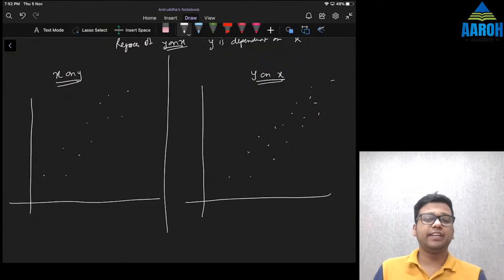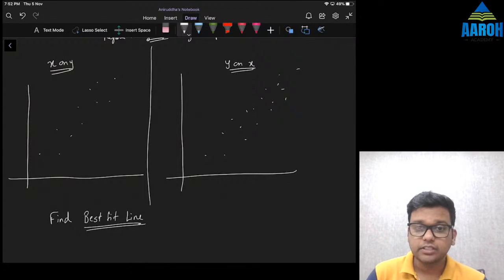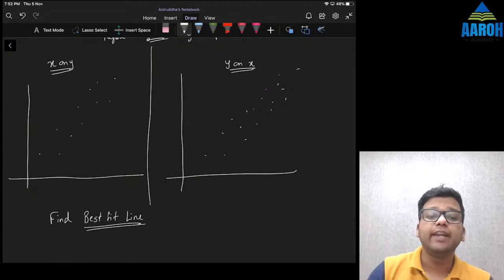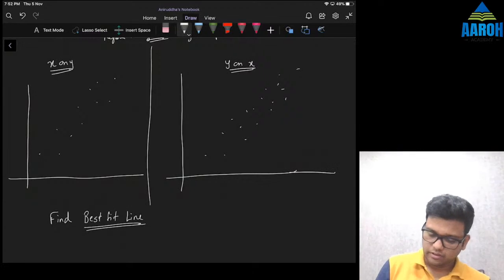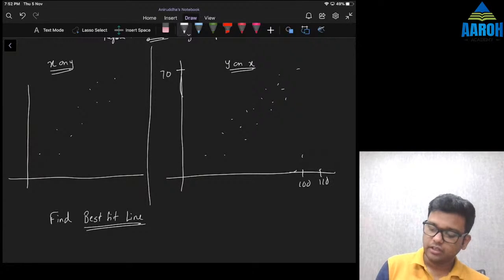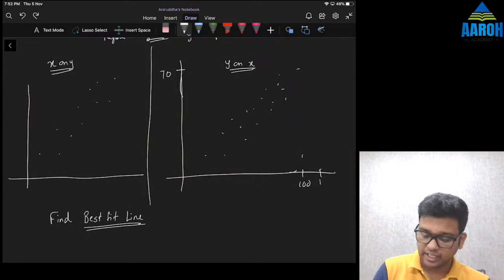Our objective in regression is to find the best fit line, the line of best fit, a line which fits this scatter diagram perfectly so that we can predict the next value. Because here y is dependent on x. Right now when x is 100, let's say y is 70. Now we have to predict: if x becomes 110, how much will y become? Based only on this diagram, it is very difficult to predict.